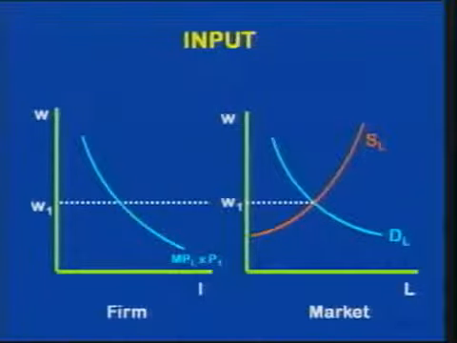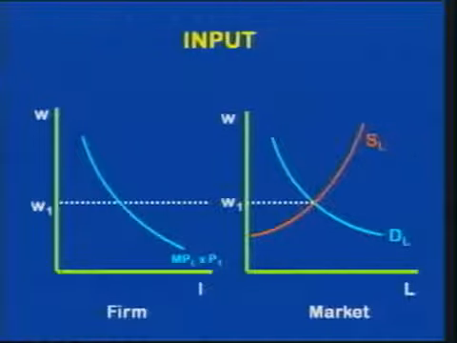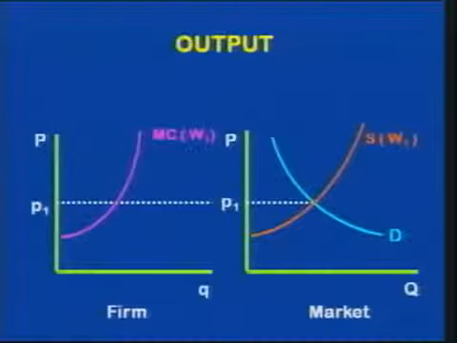If this wage rate, W1, is the same as the wage rate you started with, then you're at equilibrium in both markets. If this wage rate is different from what you started with, you're not in an equilibrium for both markets.